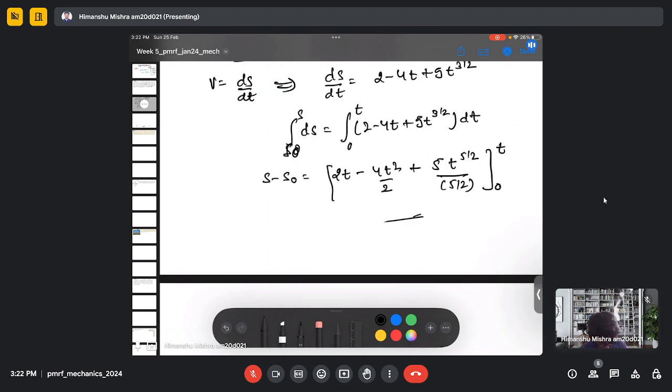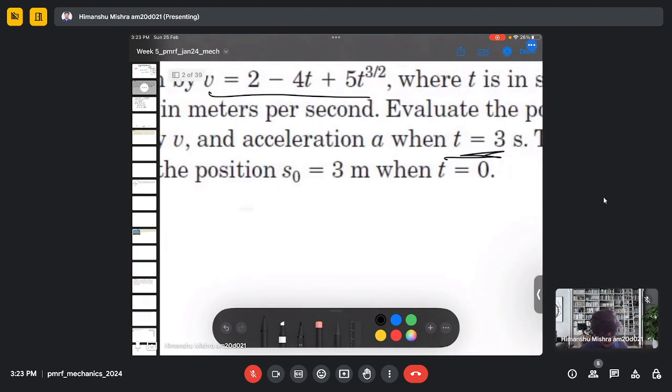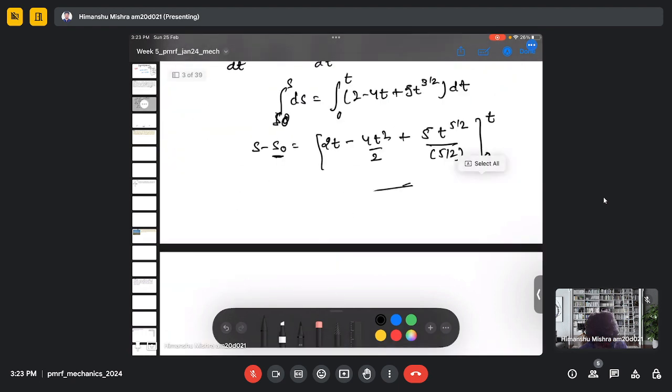So I can simplify. So this s naught is 3. We have given in the question that at time t equal to 0, my initial position is 3 meter. So it will be s minus 3 equals 2t minus 2t square plus 2t to the power 5 by 2.